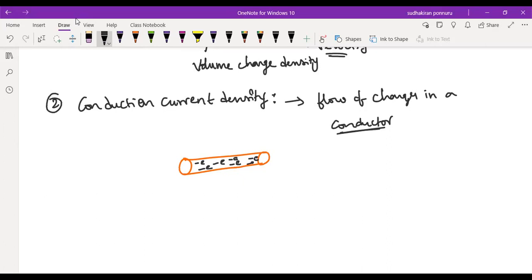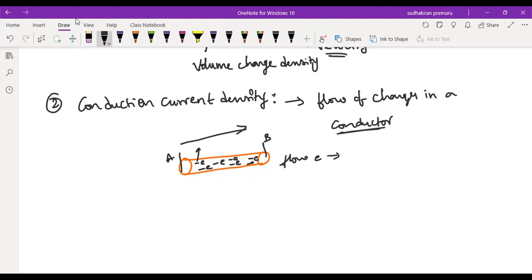Whenever we apply a potential between these two ends, because of this electromotive force applied between point A and point B, these electrons will be mobilized and excited, so that they travel from higher potential to lower potential. Now we call this the flow of electrons or flow of charges.